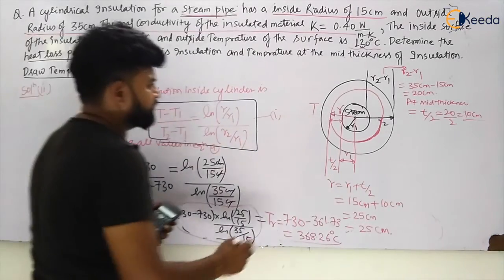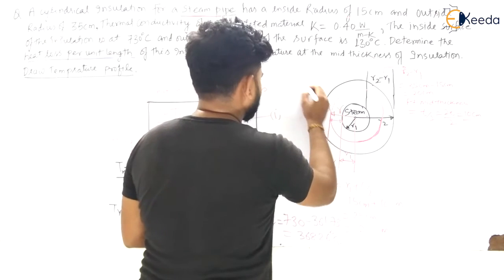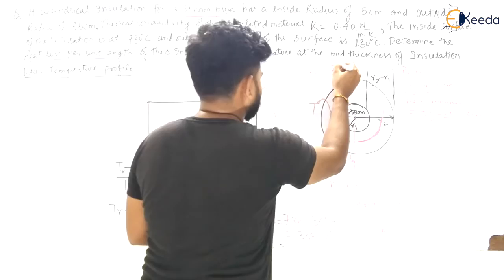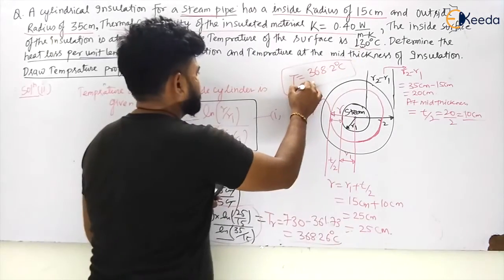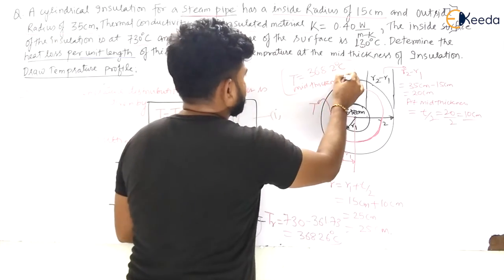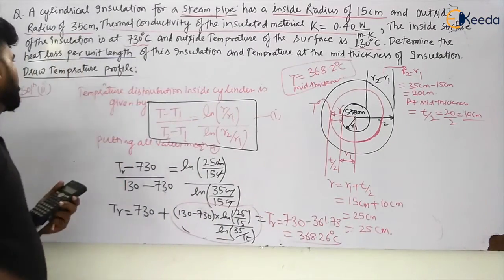So now we know the temperature here, 368.2 degrees Celsius. We have calculated the temperature at mid thickness.